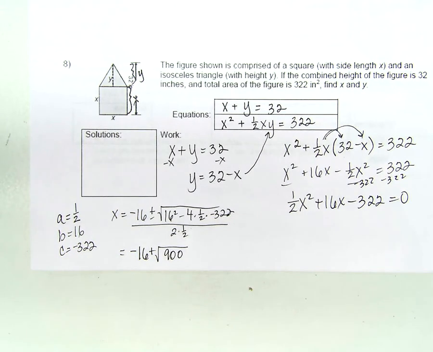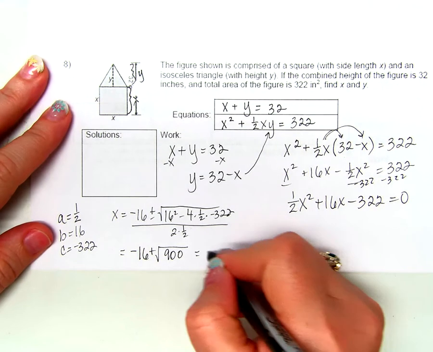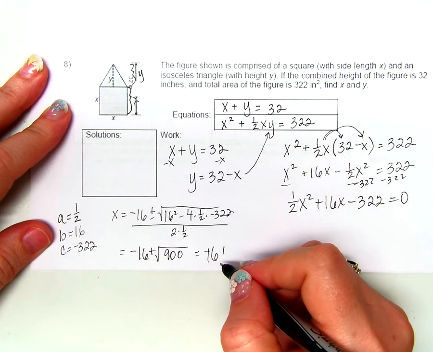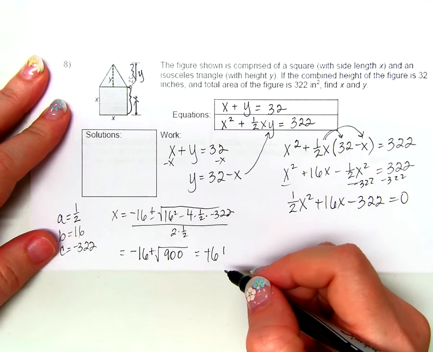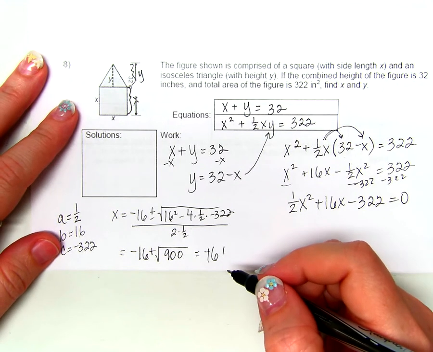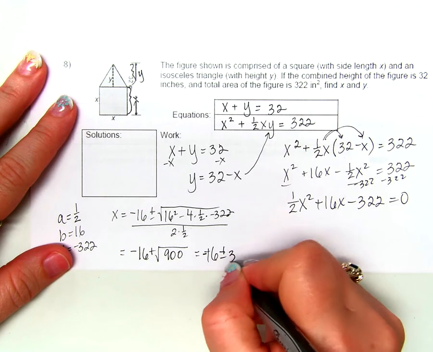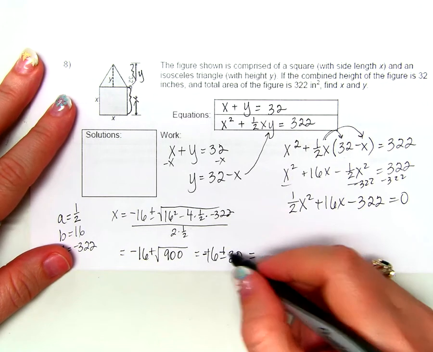Anybody know the square root of 900? 30? So we have negative 16 plus or minus 30. What is negative 16 plus 30?